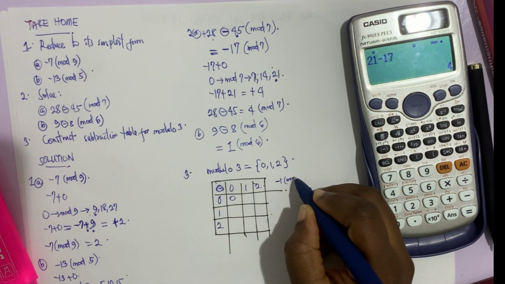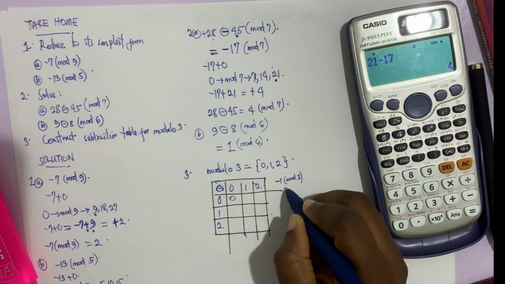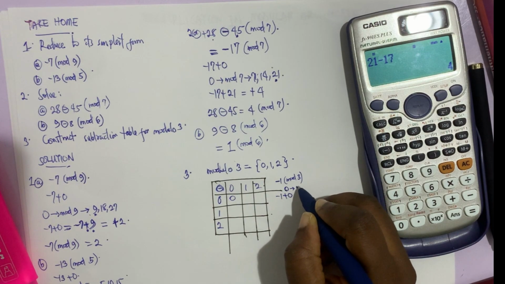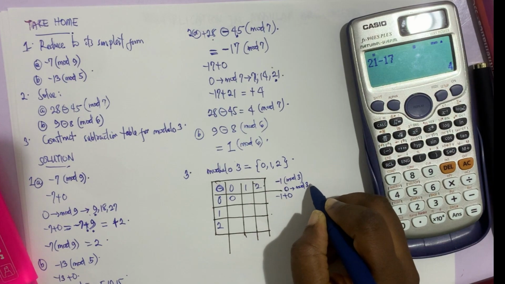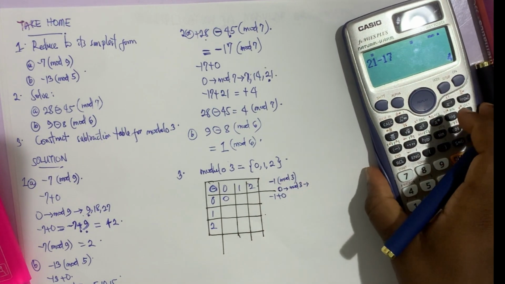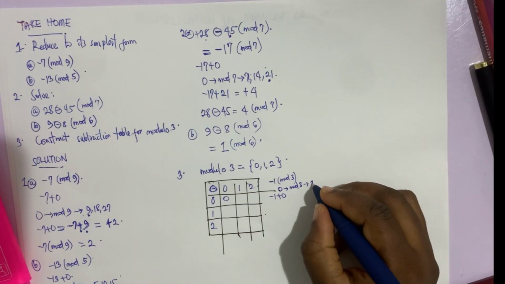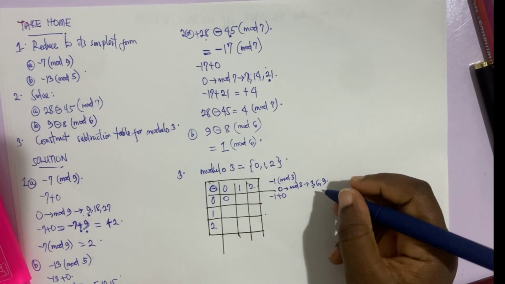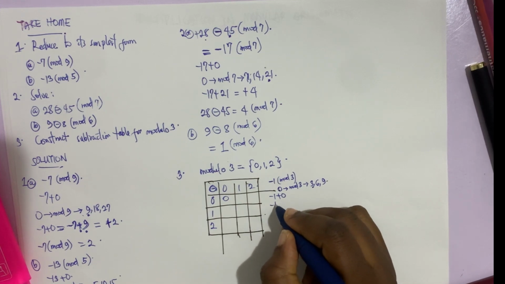But in modulo 3, you can say minus 1 plus 0. But 0 in modulus 3 is multiples of 3. So it could be 3 itself, 6, 9. So we pick the smallest number to make this solvable, which is 3.